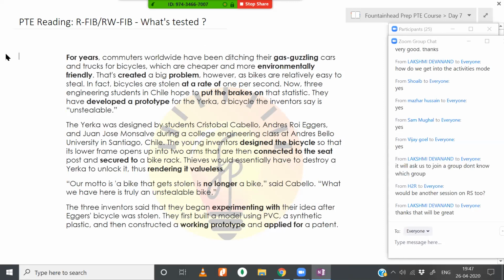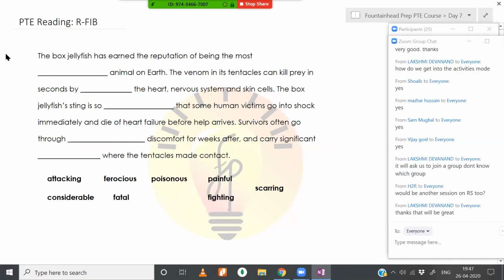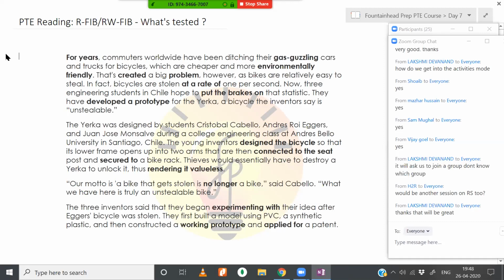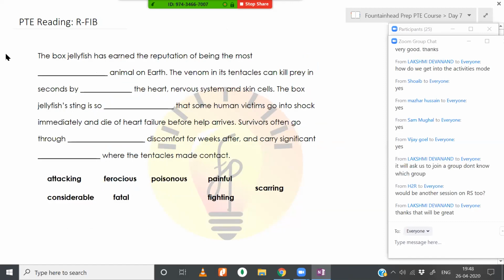All right, so let's start practicing. Okay, so we'll start with a few reading fill in the blanks questions, and then we will move on to reading and writing fill in the blanks. All right, so here we go.